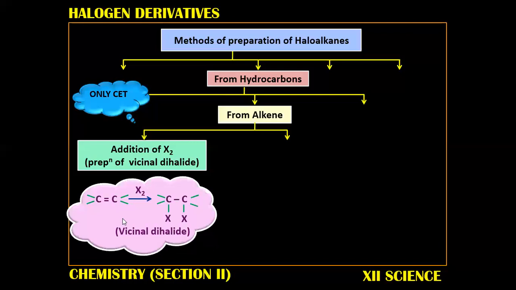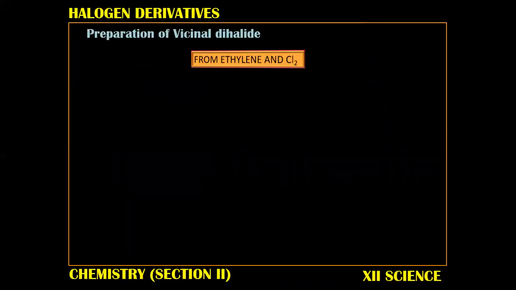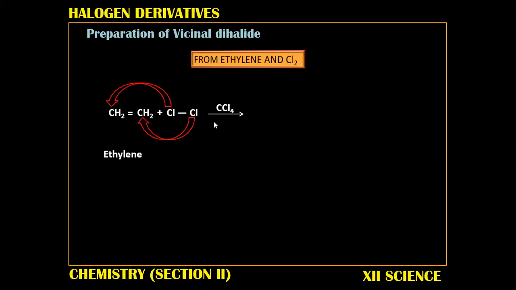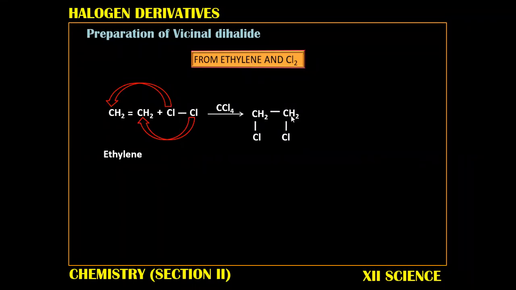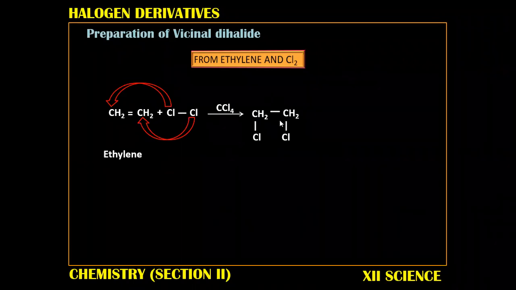We will do an example of vicinal dihalide. See, when ethylene or ethene reacts with chlorine in presence of carbon tetrachloride, we get one chlorine on each carbon. Now the name of the compound is what?